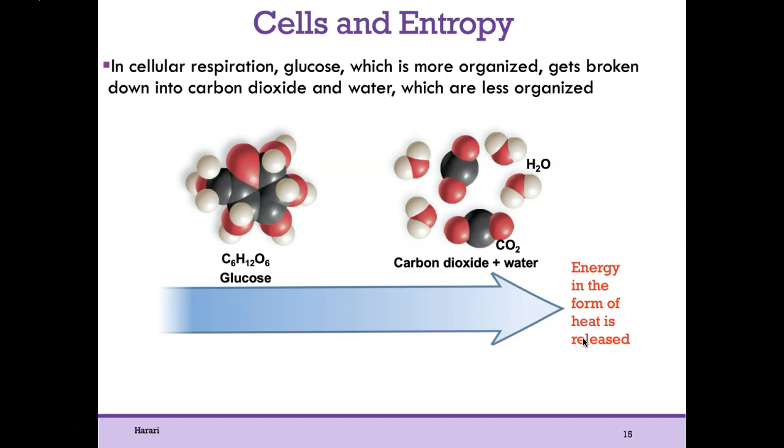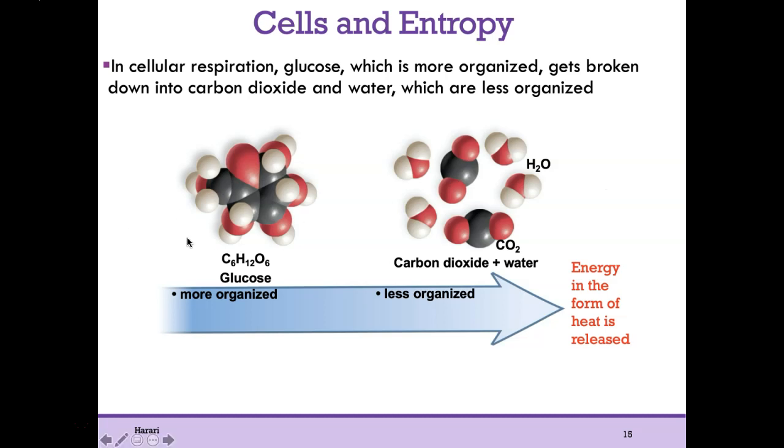So in cellular respiration, we can use the concept of entropy. Glucose in cellular respiration is very organized, right? And what happens is it gets broken down into carbon dioxide and water and ATP, right? That's what cellular respiration does. We're getting glucose and converting it into CO2 and water and getting energy that we can use for ATP.